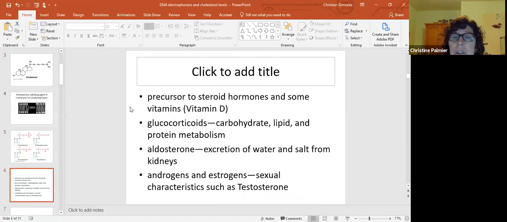Cholesterol is also a precursor to steroid hormones and some vitamins, including vitamin D, which is very important that we have. It helps with bone development when you're young, and when you're older, prevents osteoporosis. It's a precursor to glucocorticoids, which helps with metabolism of carbohydrates, lipids, and proteins.